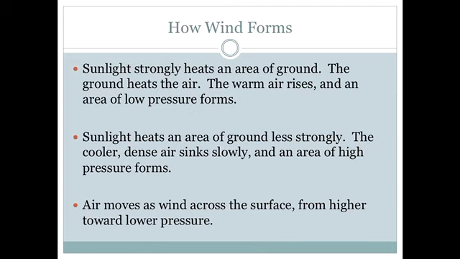So, going on to the second bullet point. Sunlight heats an area of the ground less strongly. The cooler, denser air sinks slowly and an area of high pressure forms. Air moves as wind across the surface from higher to lower pressure. So again, air is moving constantly from higher pressures to lower pressures because think, if you have a higher concentration of something and a lower concentration of something, wouldn't that higher concentration try to move toward the lower to even it out?